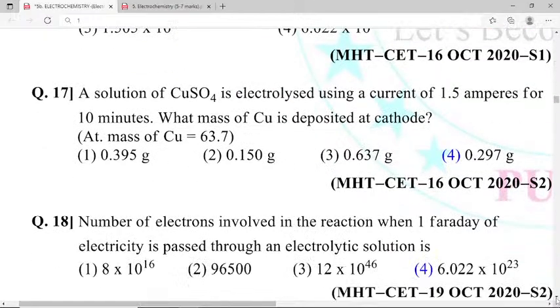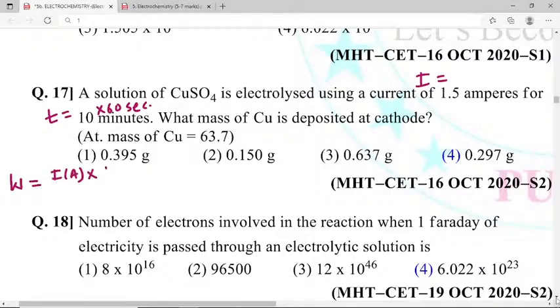A solution of copper sulfate is electrolyzed using a current, so this is the current in ampere. This is the time, 10 minutes, 10 multiplied by 60 gives the seconds. Mass of copper deposited is equal to current in ampere into time in seconds, whole divided by 96500 coulombs, multiplied by mole ratio and multiplied by molar mass.